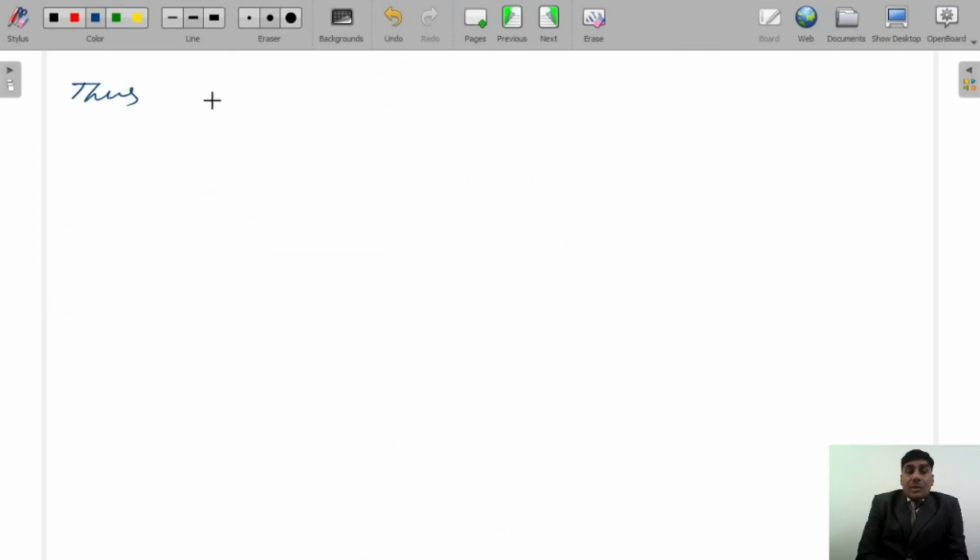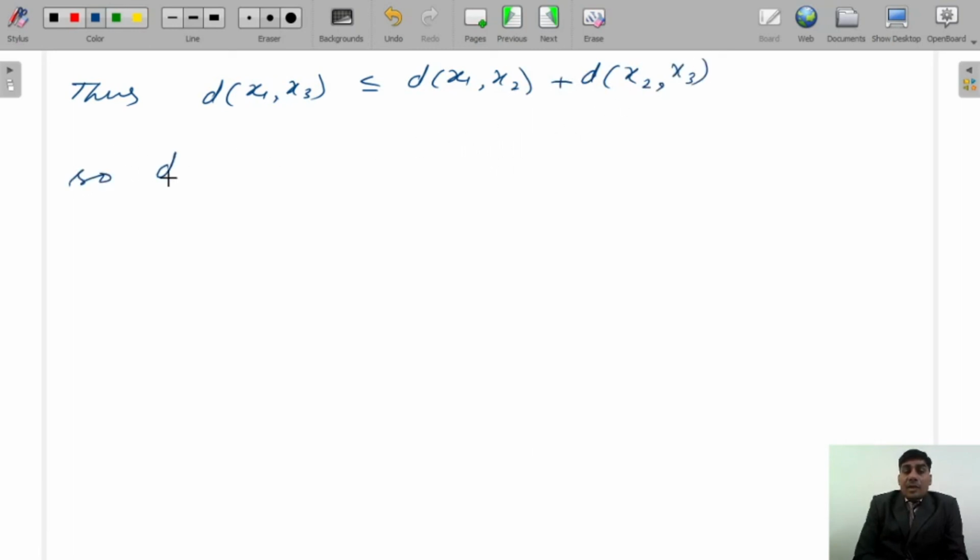Thus d(x1, x3) is less than or equal to d(x1, x2) plus d(x2, x3). So d satisfies the triangular inequality property.